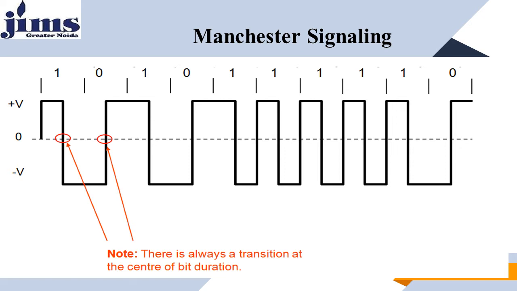Our signal is plus V volt, and this plus V volt is maintained for half of the total time period of a bit, and for the rest of the time period we have a negative signal, that is minus V, and this minus V is maintained until the end of the time period. When 0 comes in the picture, the story starts with a negative signal, that is minus V, and in the second half we have a plus V.